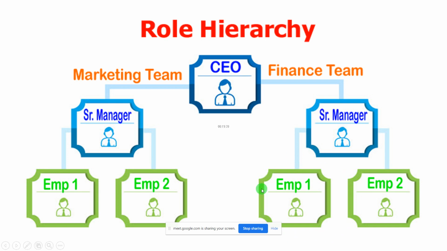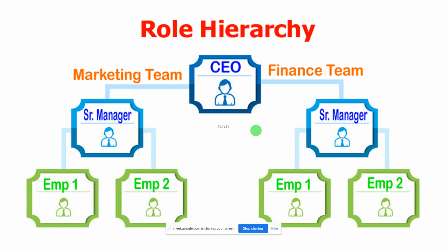Now will he share that file to the marketing team manager? No. Why? That is not the hierarchy, right? Yes, exactly. So this is how role hierarchy will work. So how can we create roles and responsibilities?